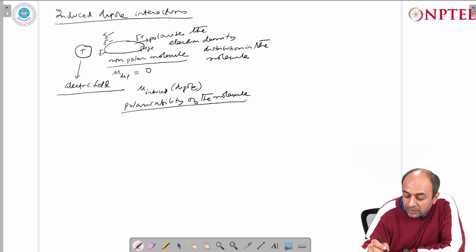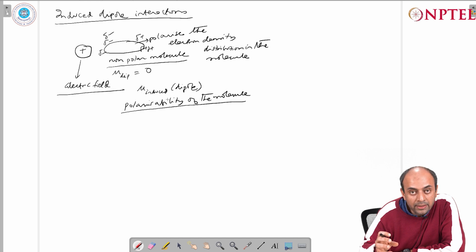How susceptible the molecule is to get polarized depends upon the polarizability of the molecule. That means how much the polarization happens in this non-polar molecule depends upon its polarizability. If you have loose electron density, then it is easy to polarize the electron density distribution.